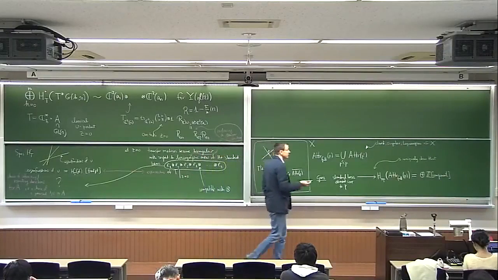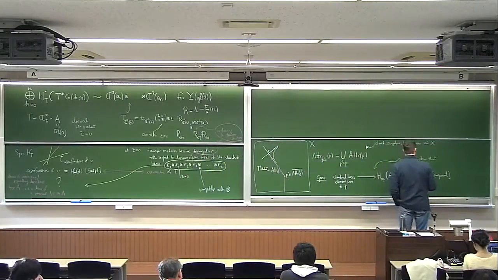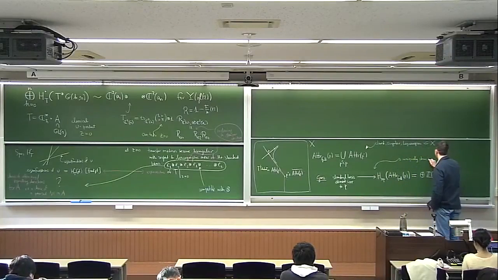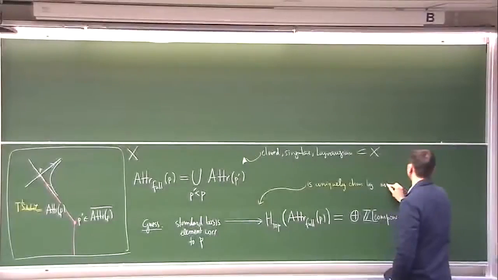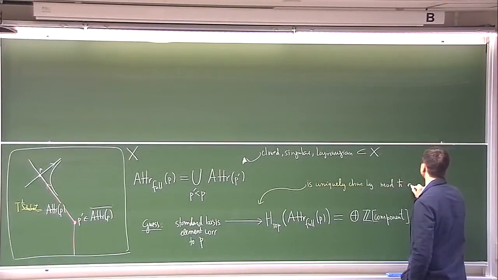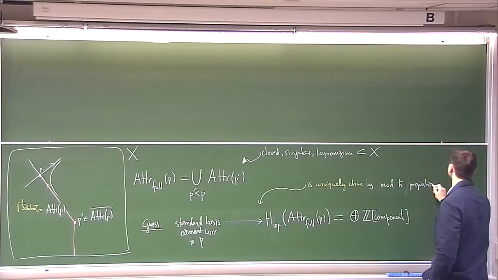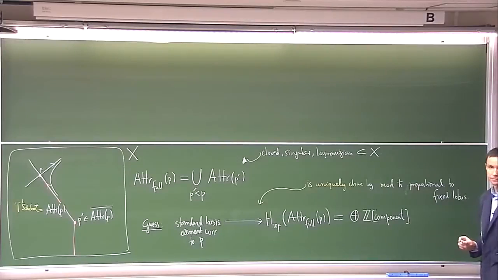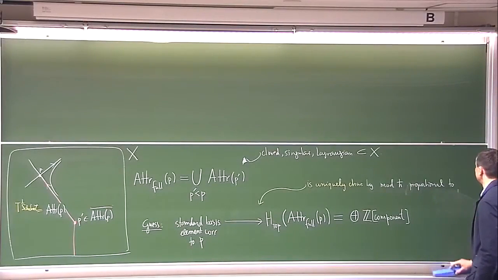So this means it's uniquely characterized by the fact that mod h bar it is proportional to the fixed locus, proportional to just P itself, to the class of P itself.